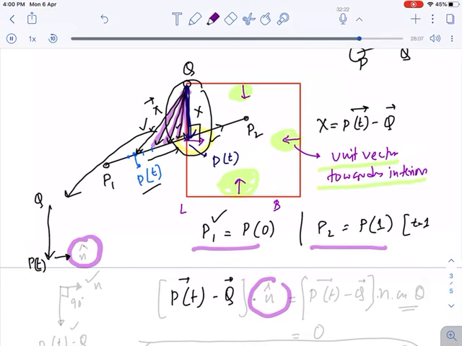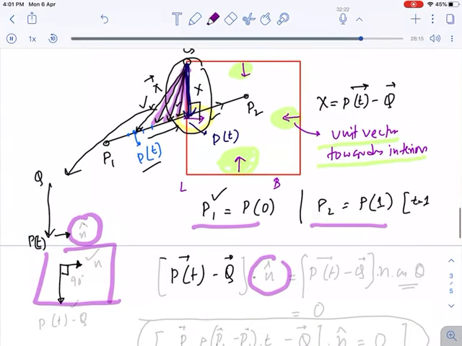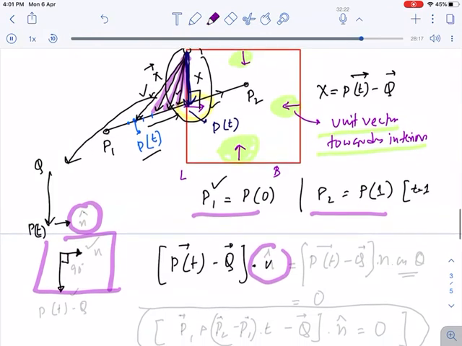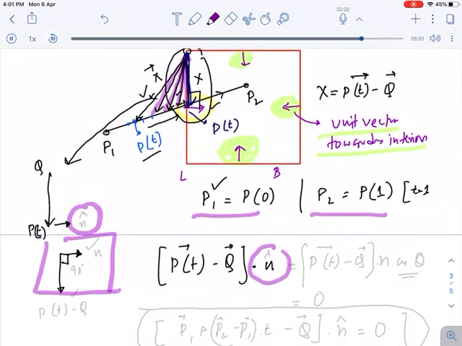Then if I place these two vectors end to end and take a dot product. This is small n, better to take it small n. So every unit vector is taken as small n. Now if I take the dot product of these two, what will happen?